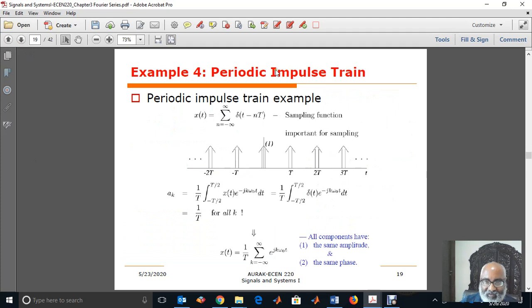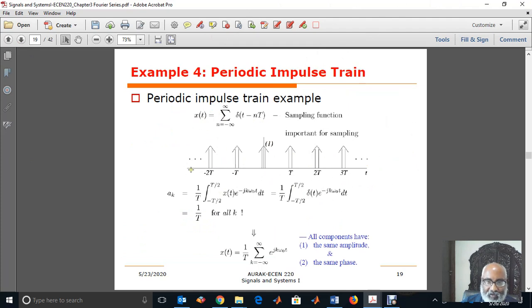Okay, another example is here. I have a periodic impulse train. How do we define it? x of t equals the summation over n from minus infinity to infinity of Dirac delta of t minus nT. This is periodic with period capital T. So at 0 I have an impulse, at T I have another impulse, at 2T I have an impulse, and so on.